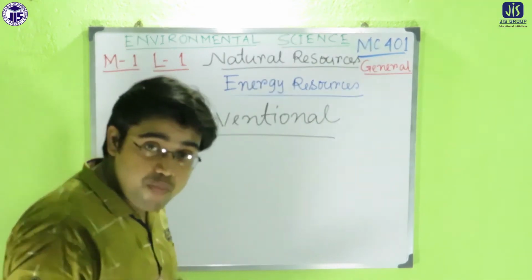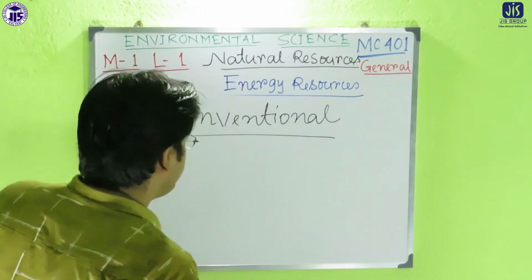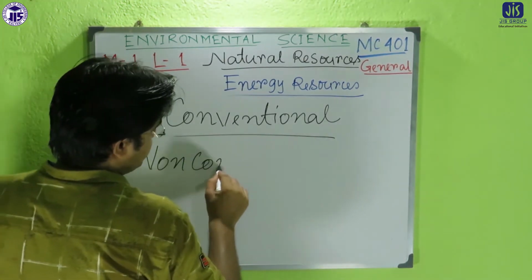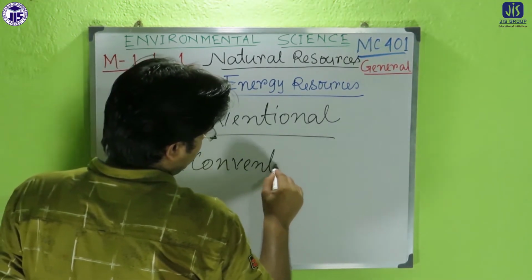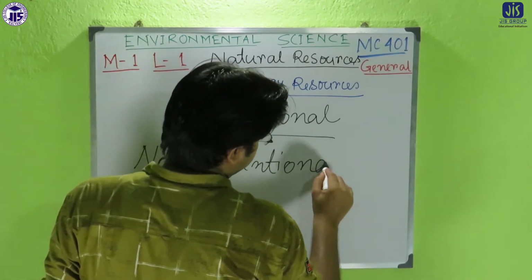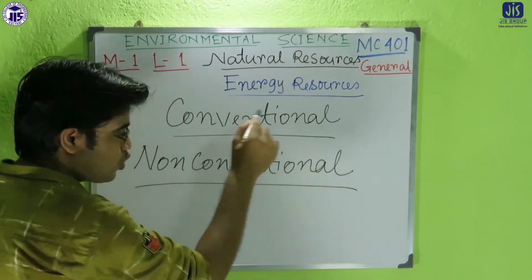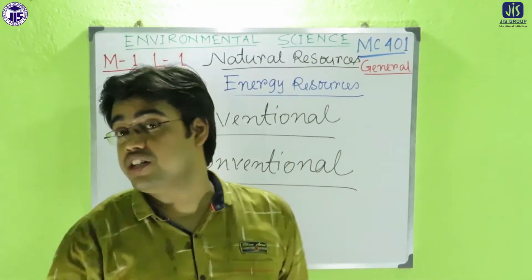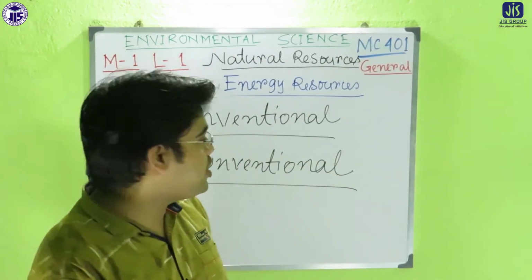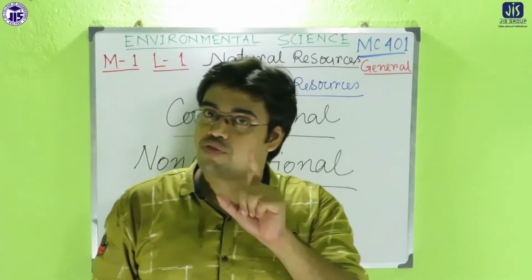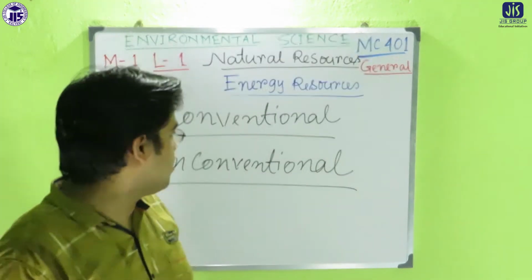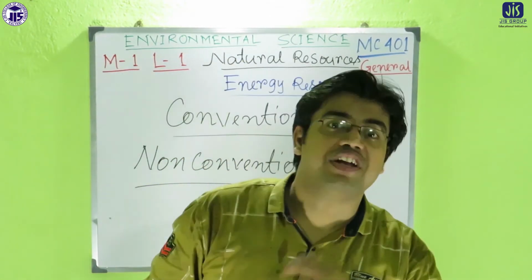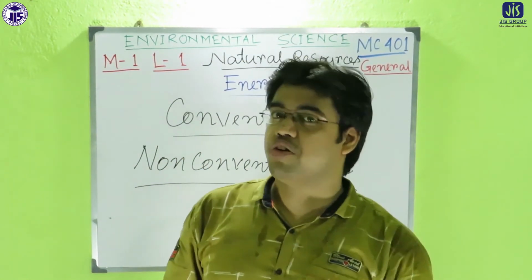Another very important type of energy is called non-conventional source of energy. That means it should be used, because it is very important for the future prospect, but generally these sources of energy are not used regularly.